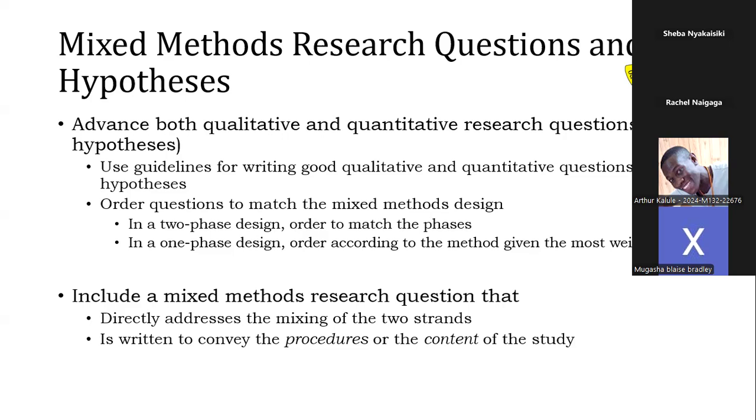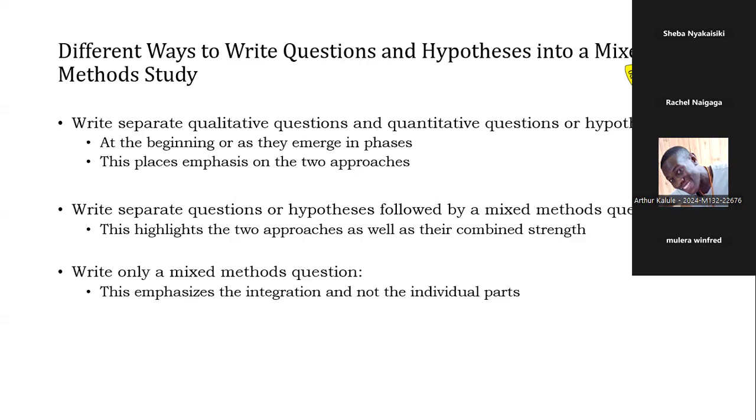Your research may have purely quantitative research questions, but in your data collection you adopt a qualitative tool, or your research may lean towards qualitative, but because you want to triangulate, you also adopt a quantitative tool. Am I making sense? Yes, doctor, you are. Okay, thank you.